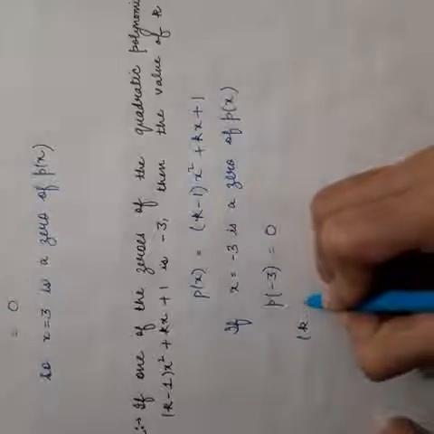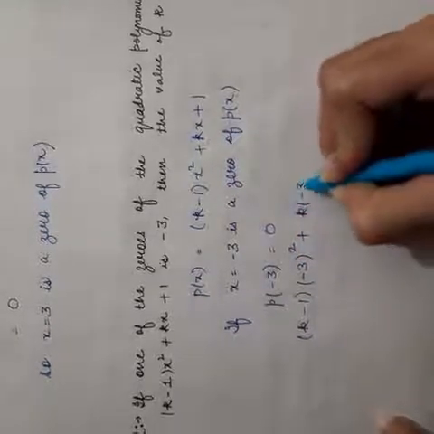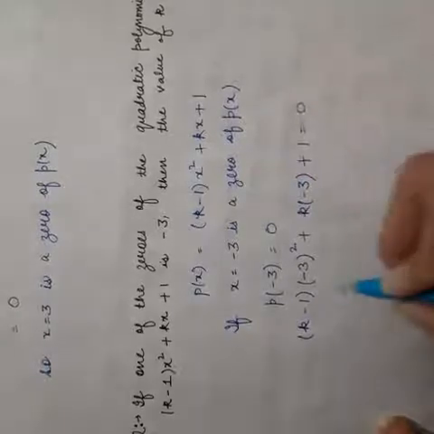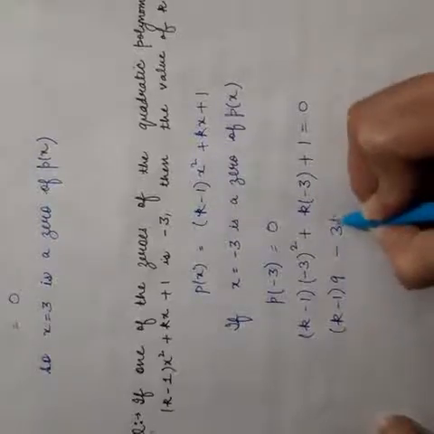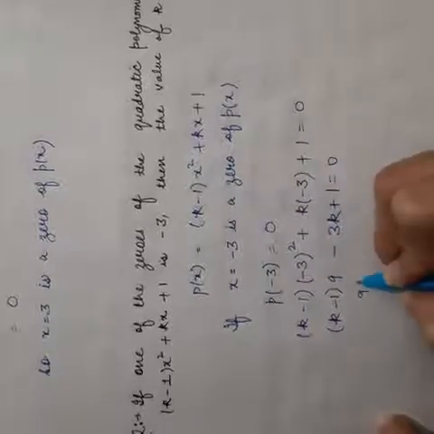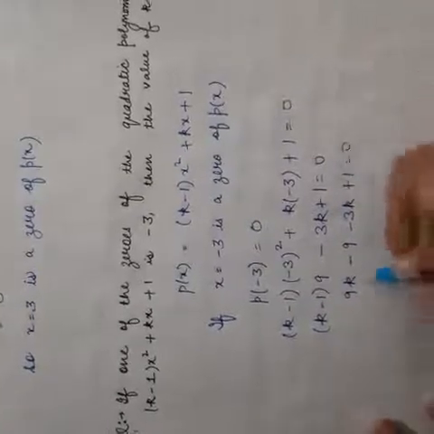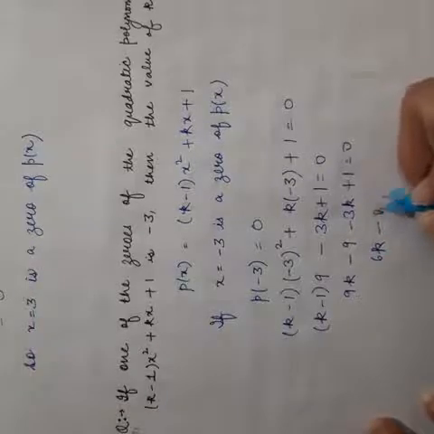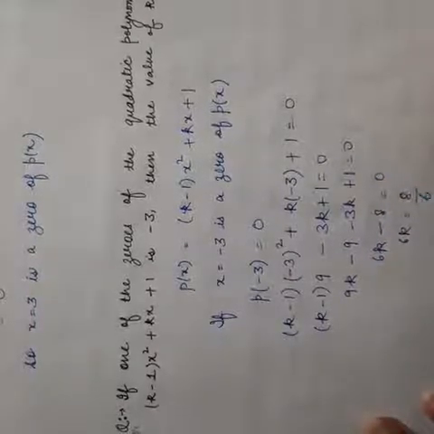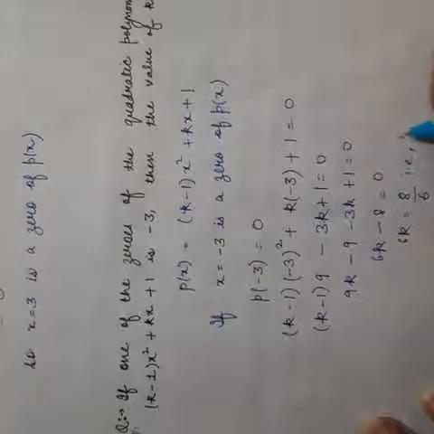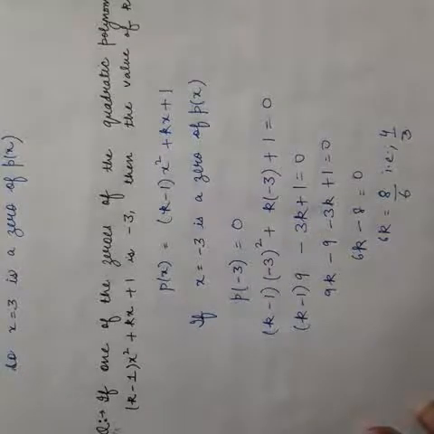So we will substitute the value in the polynomial so as to get 0. On solving this, you will get the required answer, that is 4 by 3. So the value of k comes out to be 4 by 3.